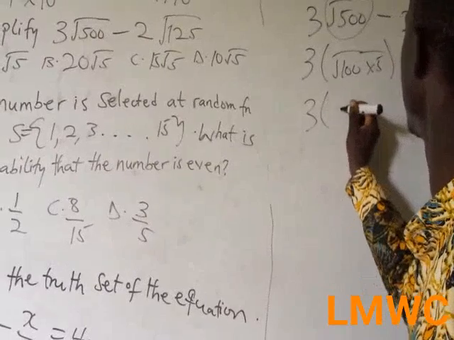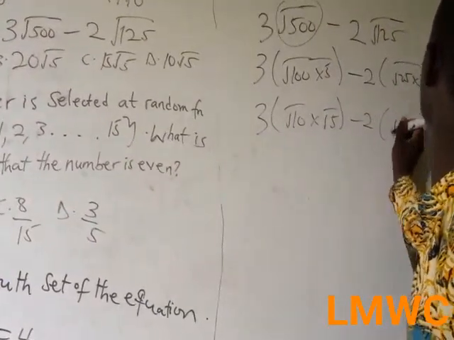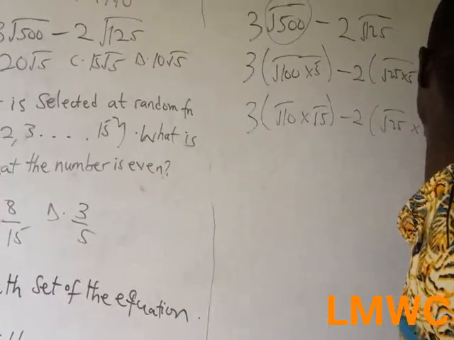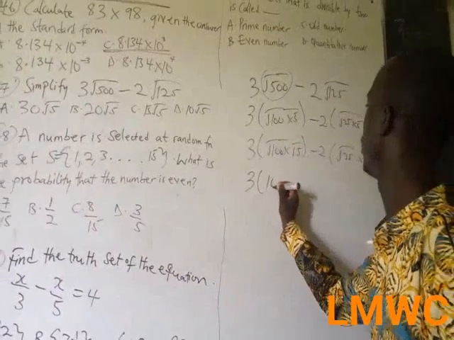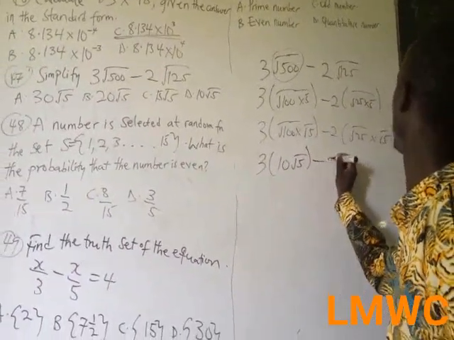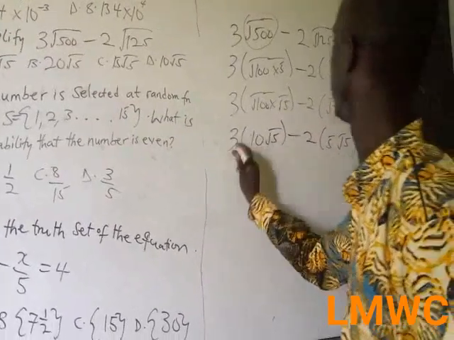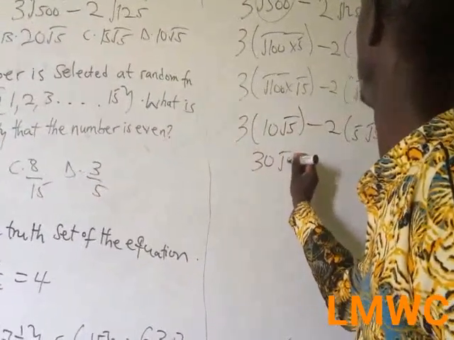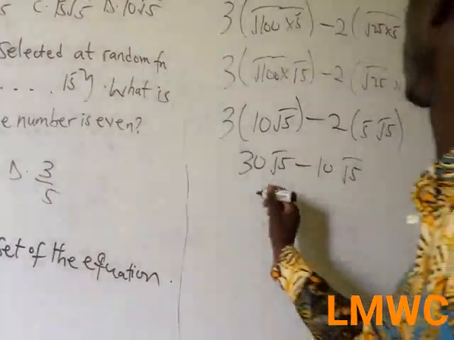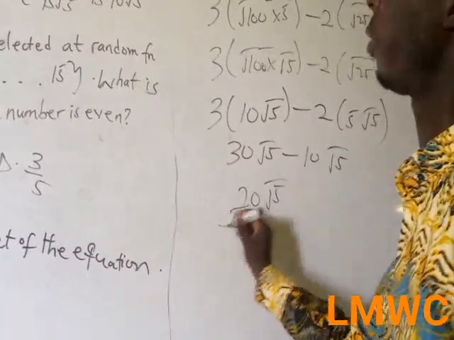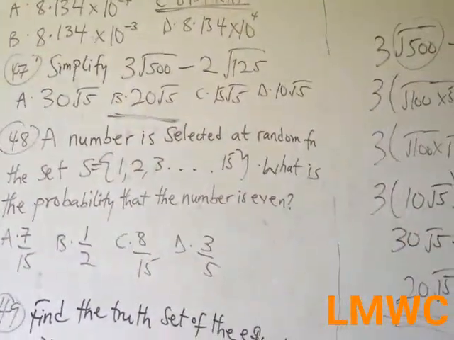So 3 root 100 times root 5 minus 2 root 25 times root 5. We have 3 times 10 root 5 minus 2 times 5 root 5. So 30 root 5 minus 10 root 5. So 30 minus 10 we have 20 root 5. Our answer is B. So you see, it's not difficult.